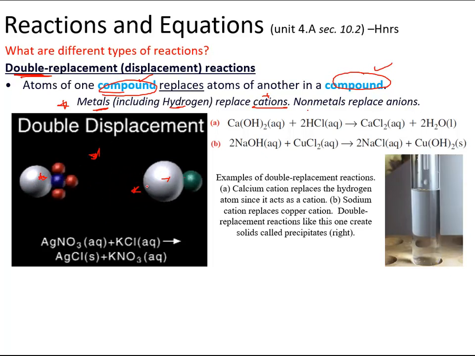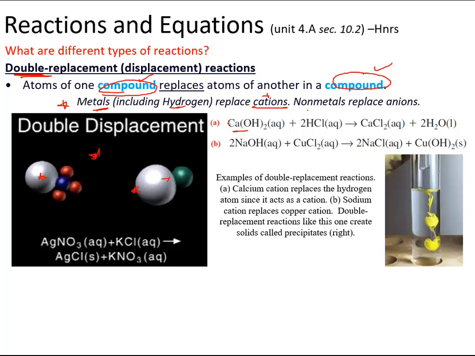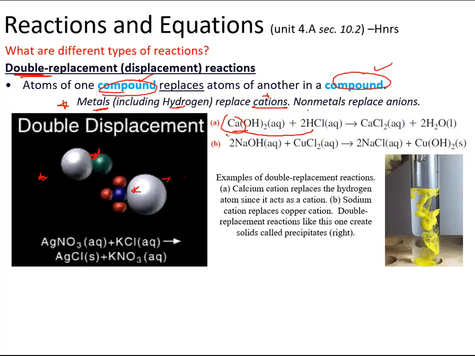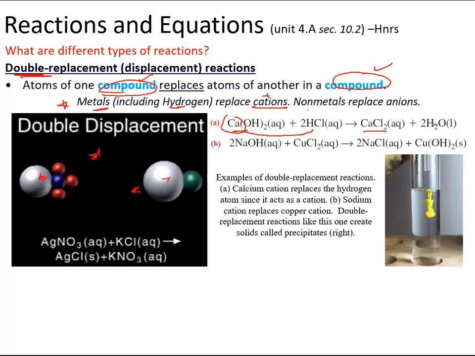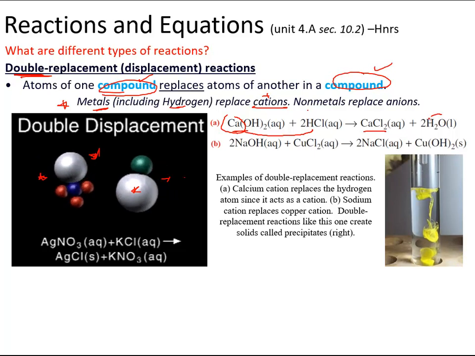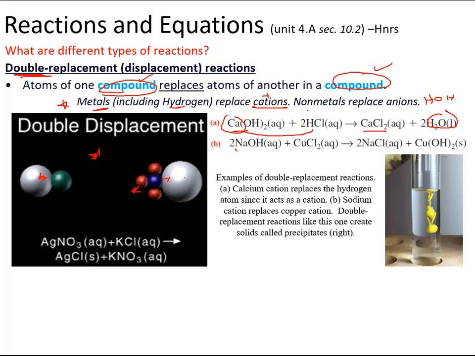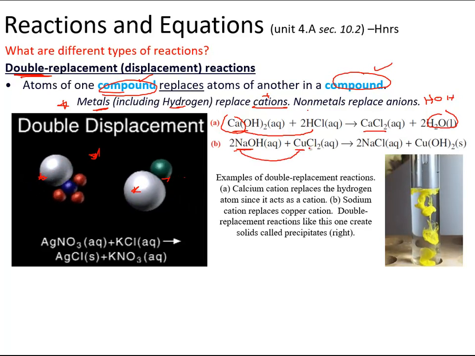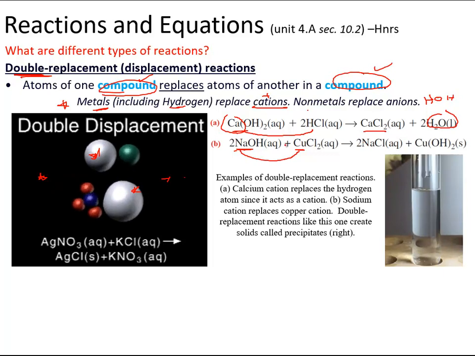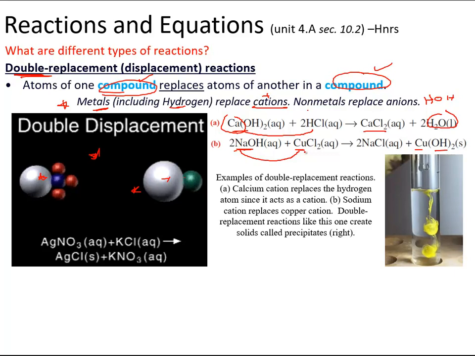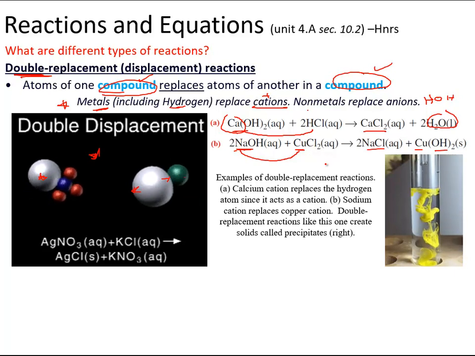They just essentially swapped. In this case, the Ca is going to swap with the H to have CaCl. And the H is going to hook up with the OH to create H2O, or if you recall, it's also HOH. In this case, the sodium is going to swap with the copper. And that copper is now going to hook up with hydroxide, CuOH. And the Na is going to hook up with a Cl to form NaCl.